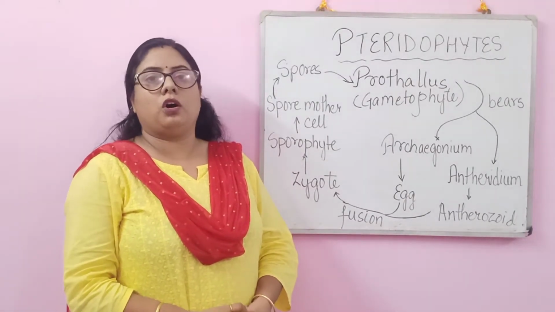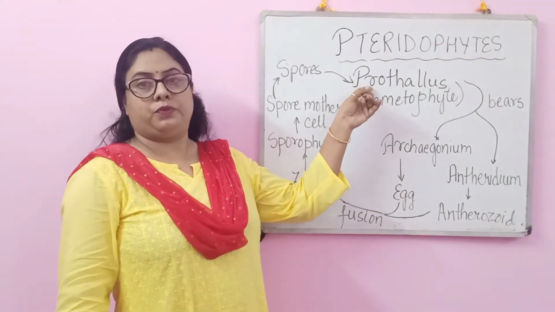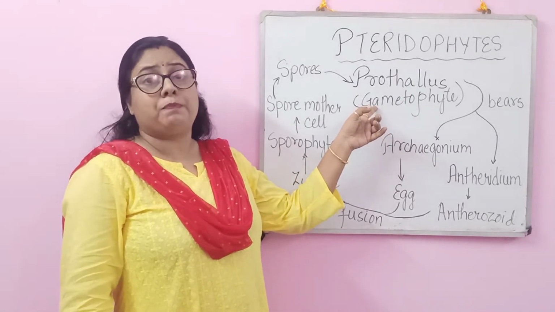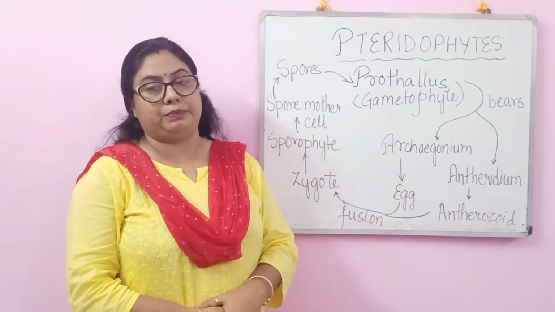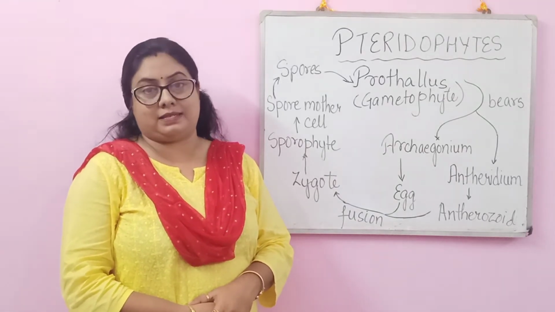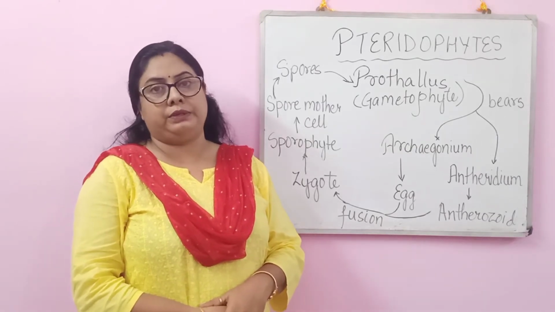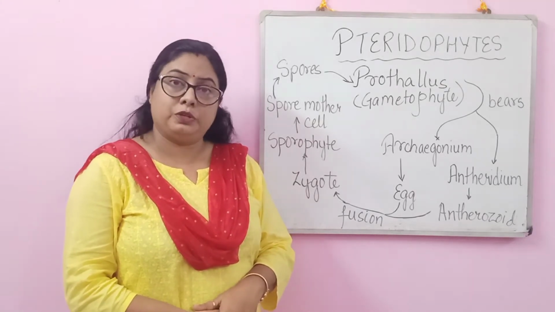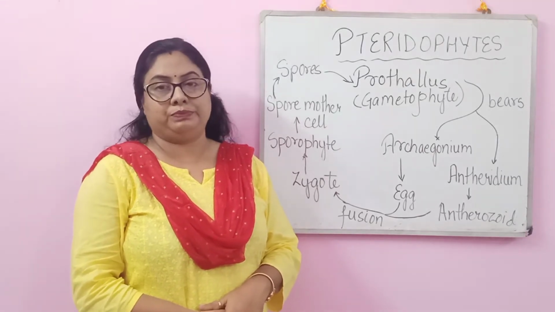The life cycle of Pteridophytes starts with the prothallus, which represents the gametophyte stage. The prothallus bears archegonium and antheridium. The archegonium produces eggs and the antheridium produces antherozoids. These antherozoids remain coated with water, which helps them to travel to the archegonium.